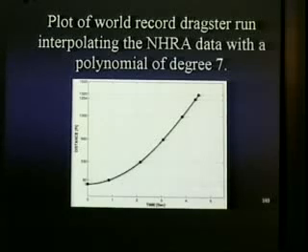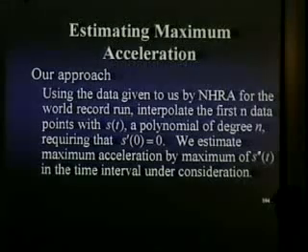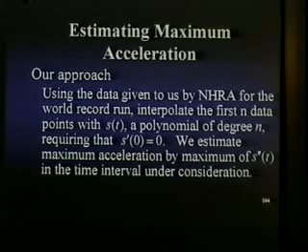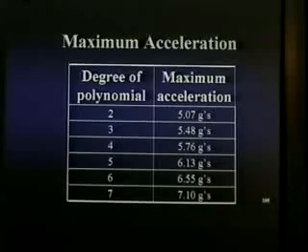We can put essentially a quartic through 4 and fifth order, etc. So we're going to do that and then calculate the maximum of the acceleration. So we interpolate the data with a polynomial of degree n, asking the derivative is 0, and then we estimate maximum acceleration by maximum of the second derivative of the interpolating polynomial for that particular time frame.